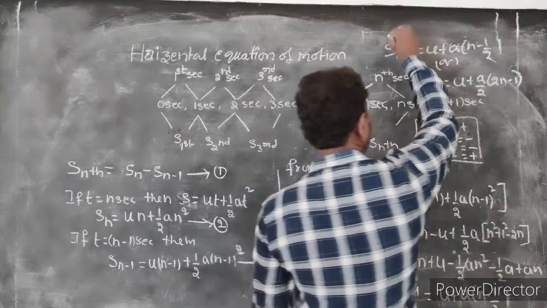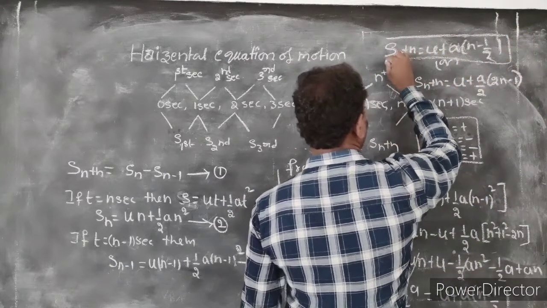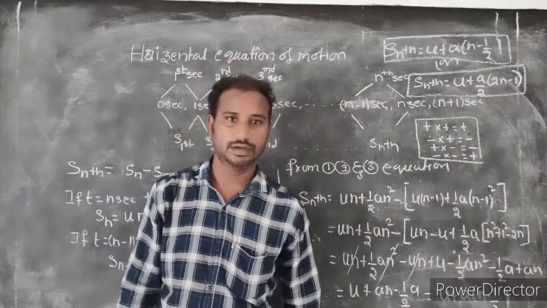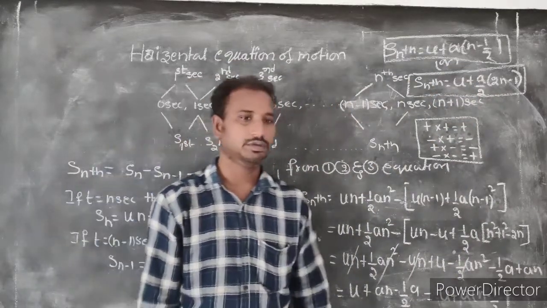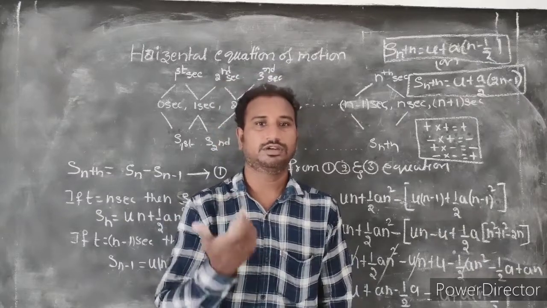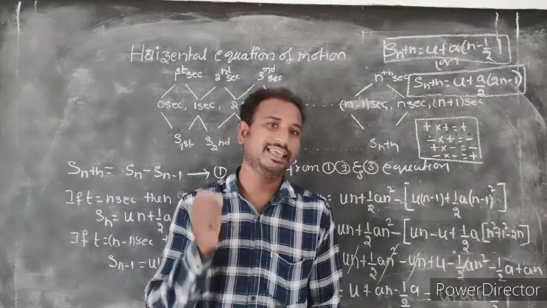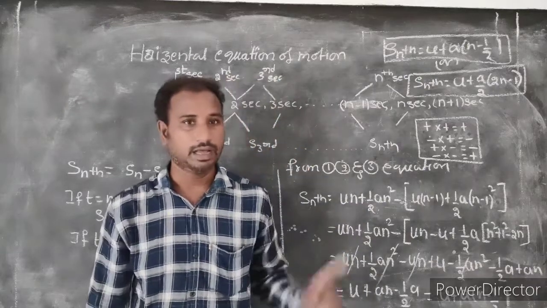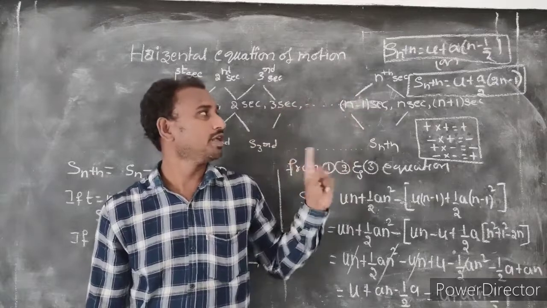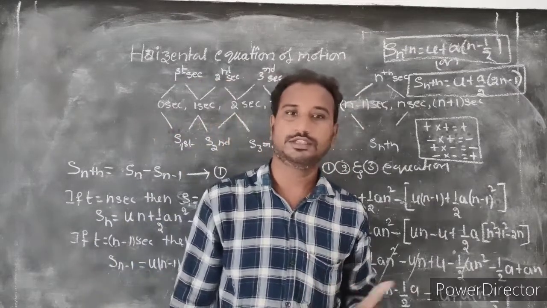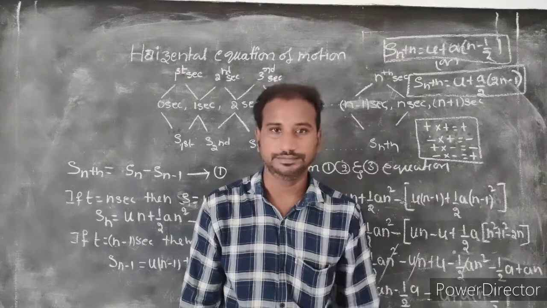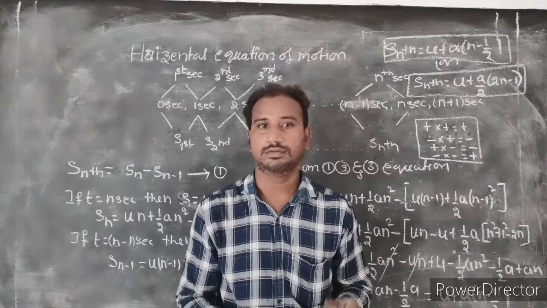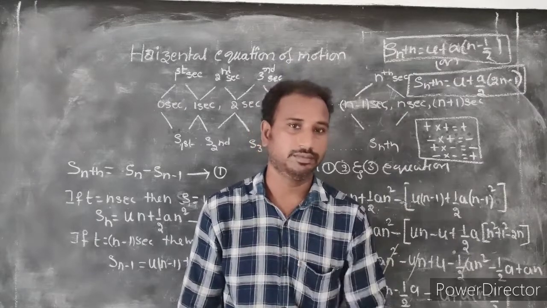This formula represents the fourth equation of motion. Any doubt? Okay, students, what is the difference between the second equation and the fourth equation? The second equation is used to find the displacement in n seconds, but the fourth equation is used to find the displacement at the nth second. That is the difference.